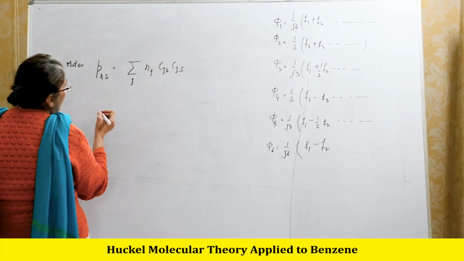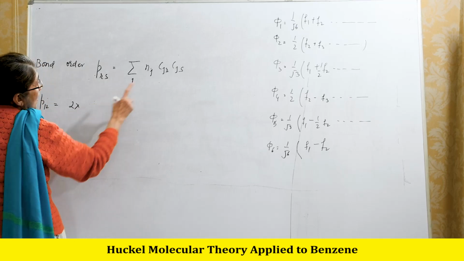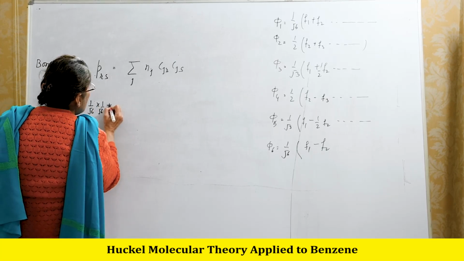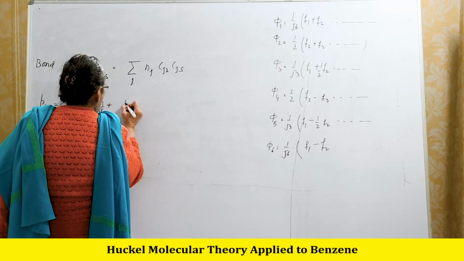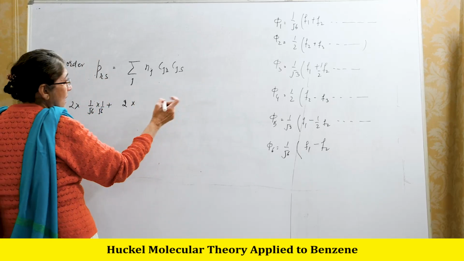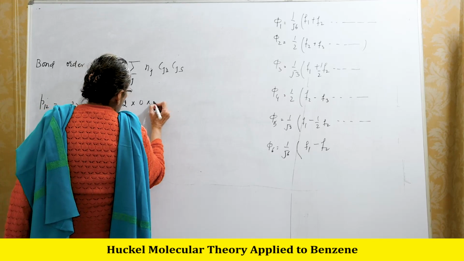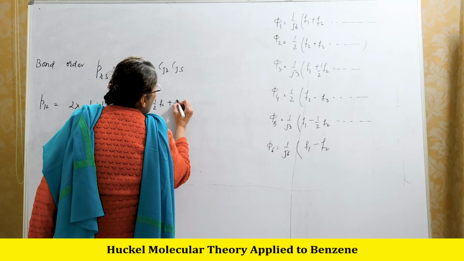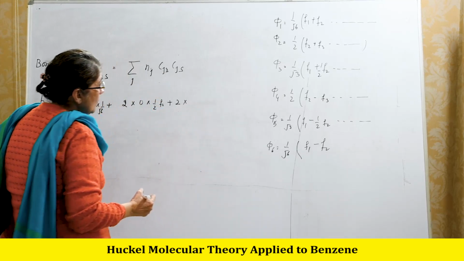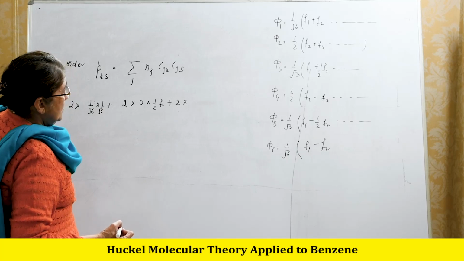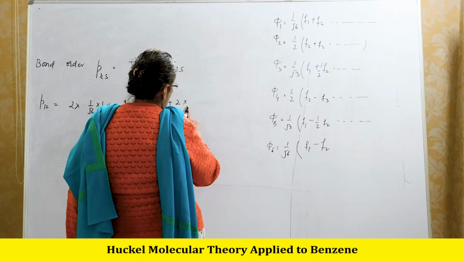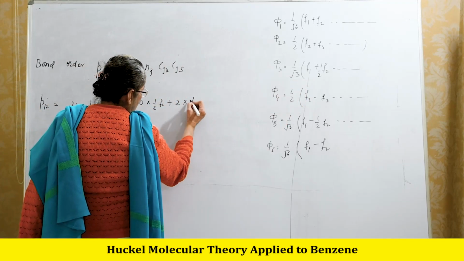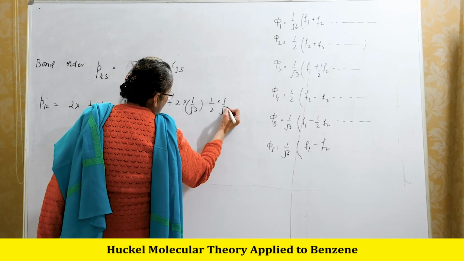P12 is the summation over molecular orbitals of Nj, the number of electrons, times Cjr Cjs. First molecular orbital, first carbon atom 1 by root 6 into 1 by root 6, plus the second orbital, number of electrons 2, and F1 is missing so it is 0, plus for the third, number of electrons 2, 1 by root 3 and 1 by 2 into 1 by root 3.